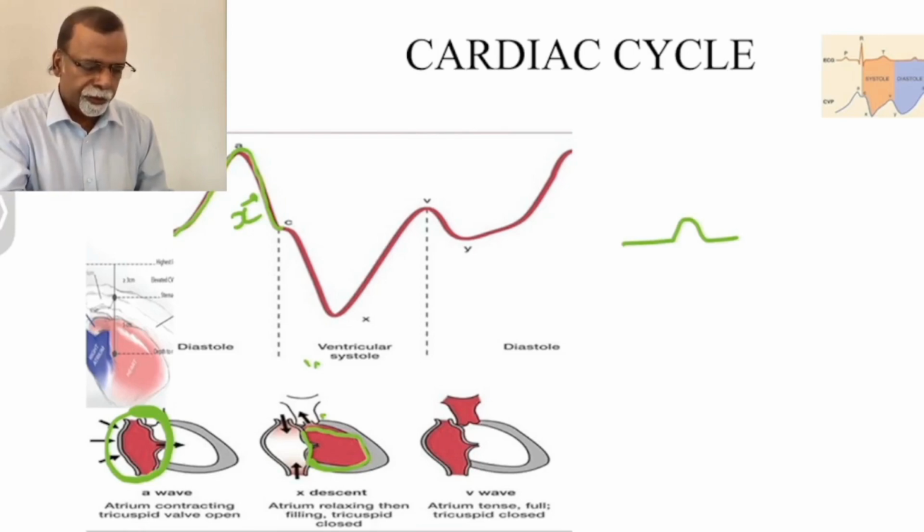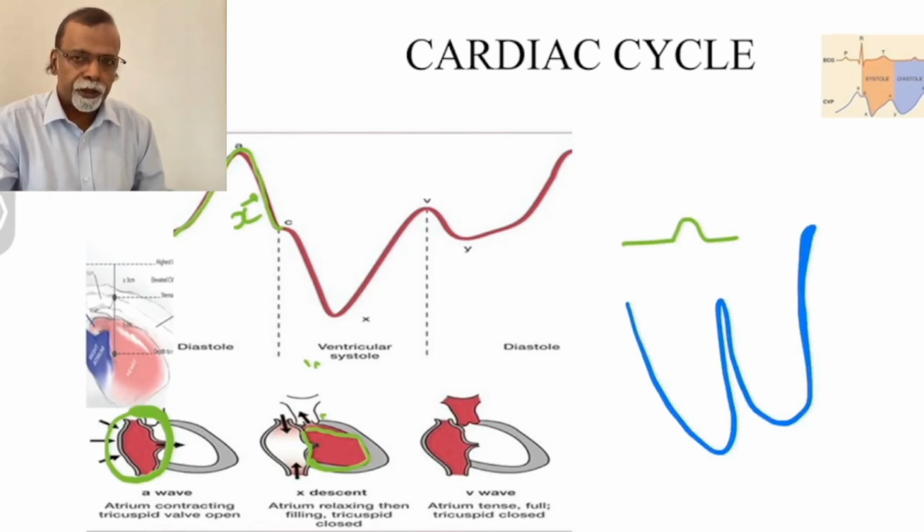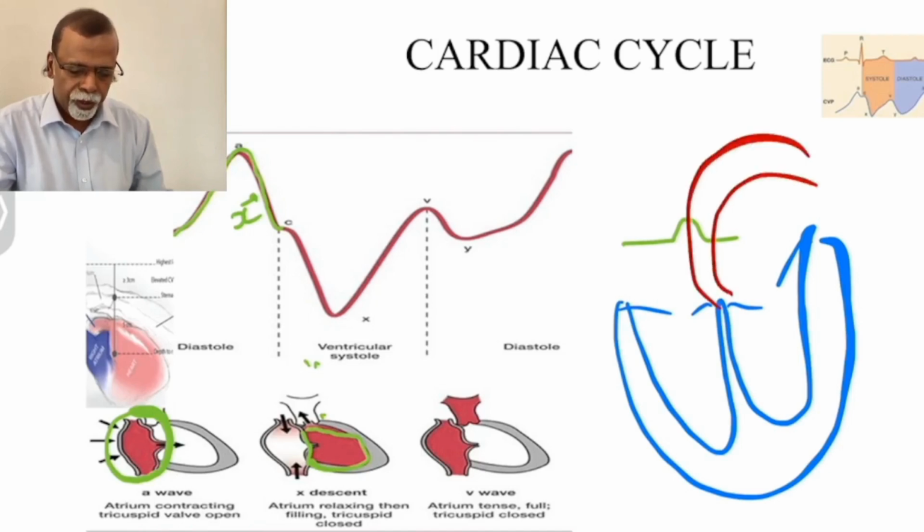So I draw the picture. So you can see this is the heart. These are the AV valves, and here comes the aorta, and here comes the pulmonary artery. So the blood will try to enter back.